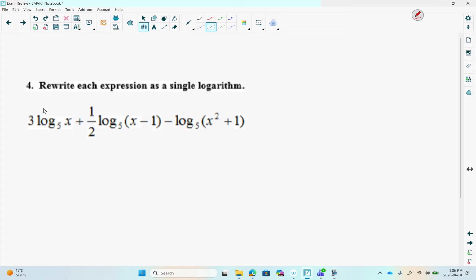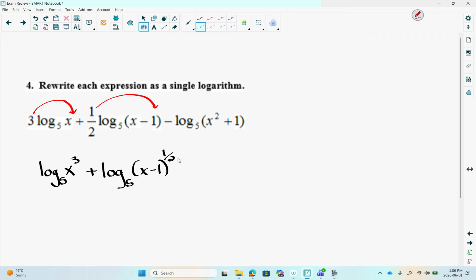The first thing I want to do is send the coefficients back up as exponents. So this term would become log base 5 x cubed. This term would become log base 5 x minus 1 to the 1/2. And this last term would be log base 5 x squared plus 1.